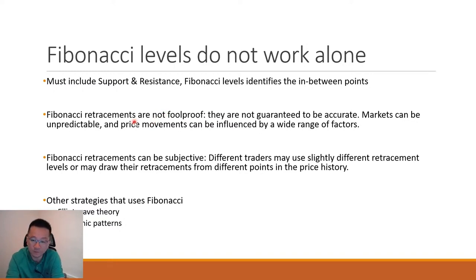Price movements can be influenced by a range of factors like news. A sudden surge in price could be a technical surge, or news could cause that spike and that surge. So my approach is fundamentals first. I look at the news, what could happen, where prices could go. I look into the technicals, I look for my trend, my support resistance.